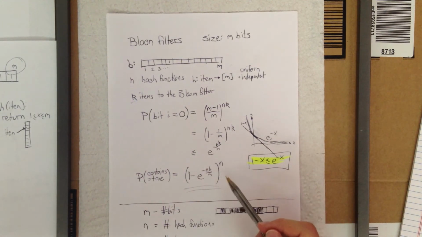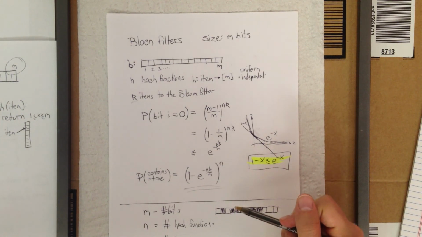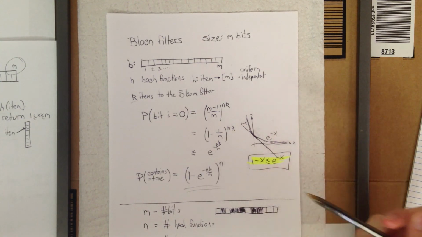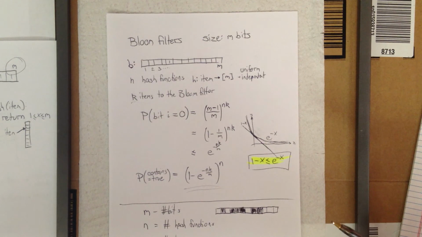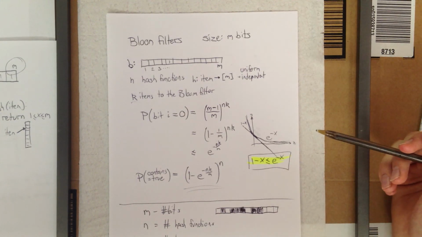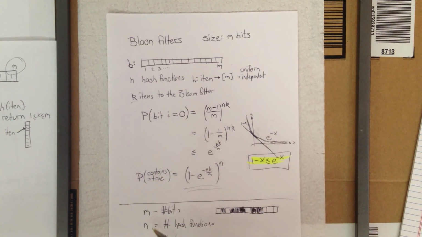But if n is too small, then you'll just be setting a single bit each time, and the probability of a collision will be much higher. Sorry, the probability of a false positive will be much higher, because you'll only need one bit to match, or you'll just need 2 items to hash to the same thing, which happens with probability 1 over m, and you'll get a false positive.